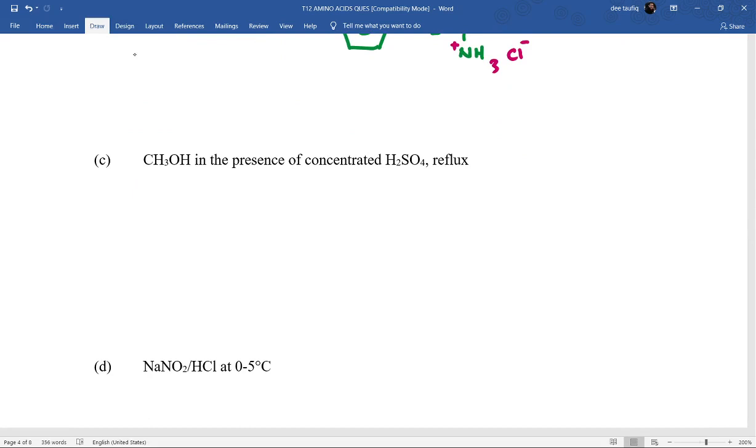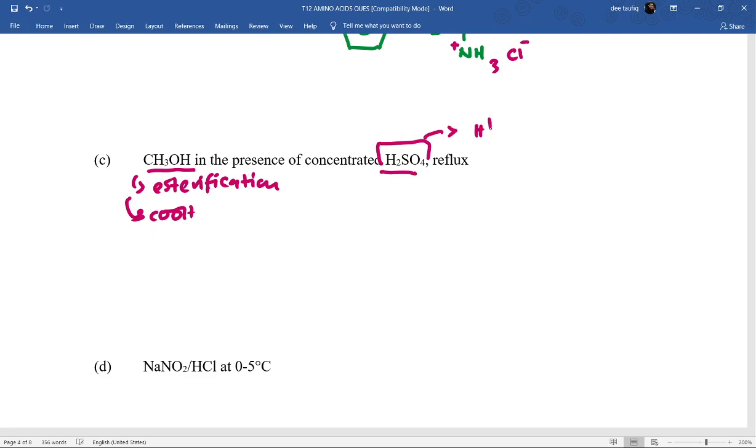Okay. So alcohol in the presence of acid. So this is an esterification process. Esterification. So it will react with the COOH of our carboxylic acid. Right? But since we have concentrated acid, it will also give its H to react with our base NH2.